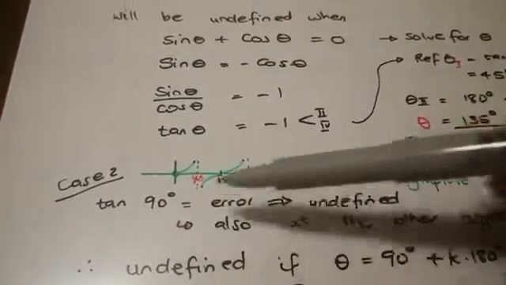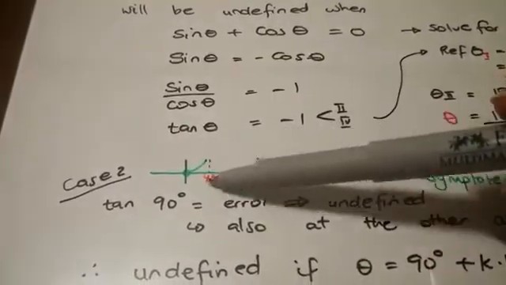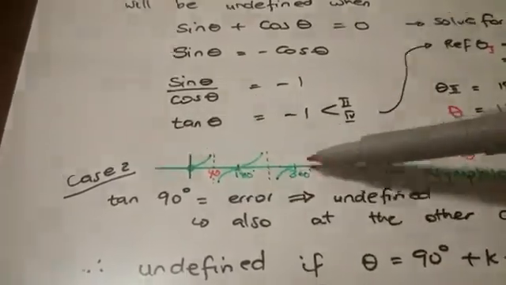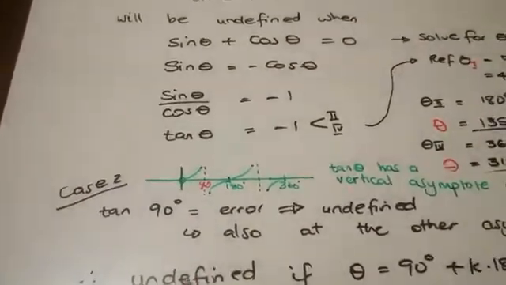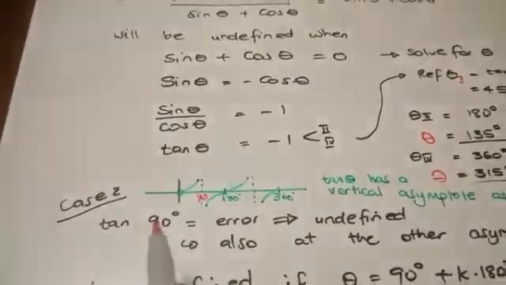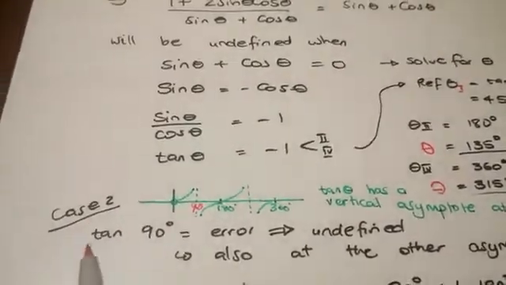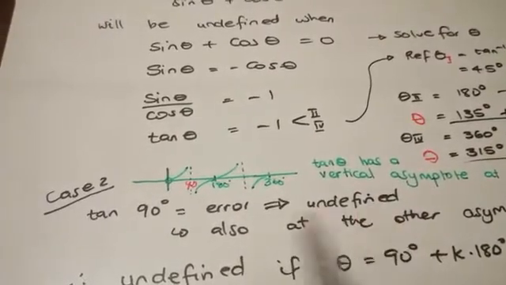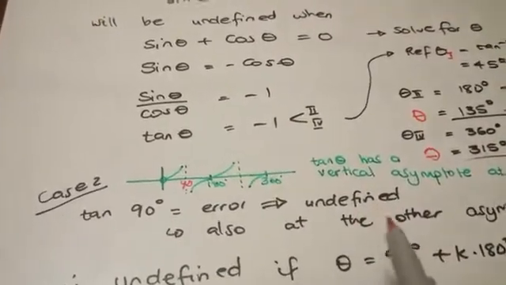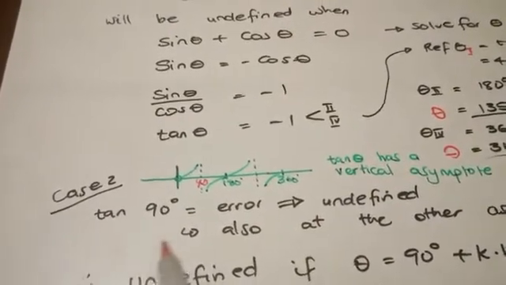Whenever you put tan 90 in your calculator, it will give you an error, and the reason is that we've got this vertical asymptote, and another vertical asymptote at 270. So the second case is that whenever your equation involves tan, the equation is going to be undefined at 90.